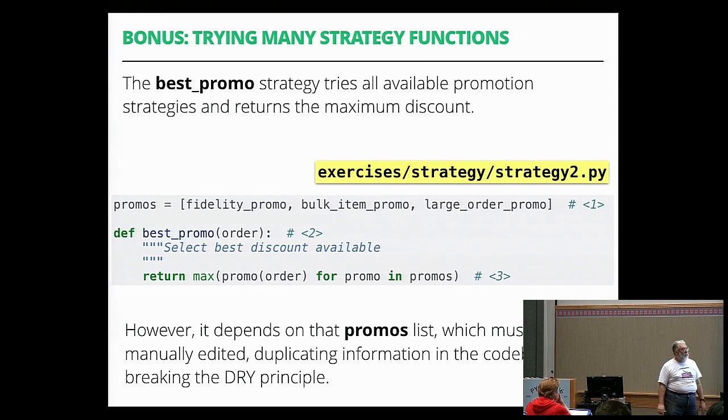So the problem is, imagine somebody implements a new strategy and forgets to add that strategy to this list, then you're going to have a subtle bug, because the strategies are going to be selected according to complex criteria involving the customer and the order structure. And so it may not be immediately obvious that that particular strategy that was just added is not being applied. So it's kind of a problem.